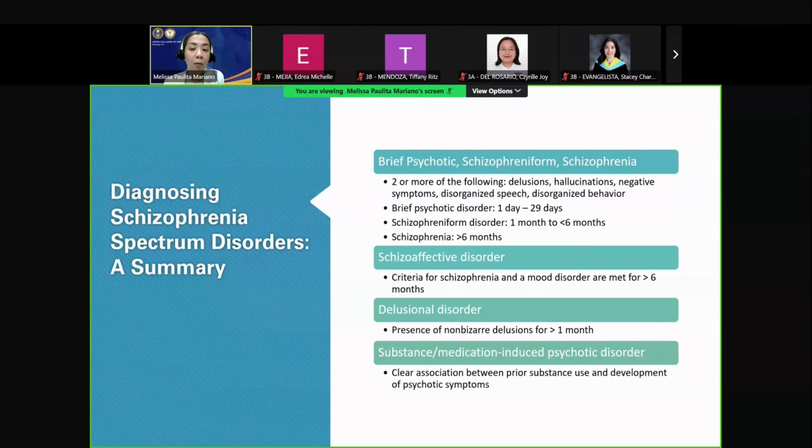And finally, for substance or medication-induced psychotic disorder, there should be a clear association between prior substance use and the development of psychotic symptoms. Your book will contain the full list of the DSM-5 TR criteria for schizophrenia spectrum disorders, and I will strongly invite you to read this chapter.